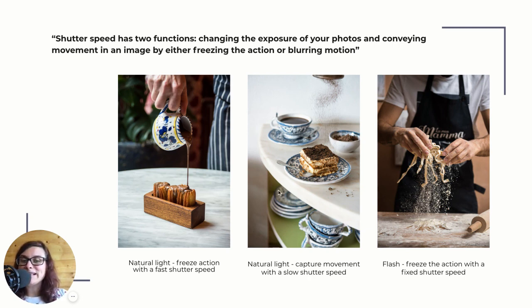In the example in the middle, I was able to capture movement, so this slow and sexy sprinkle of cocoa powder by using a slow shutter speed. And in the example on the right, I was able to freeze the action not by using shutter speed, but by using flash and a fixed shutter speed. If this is a little confusing, don't worry, we're gonna dive into it in more detail.